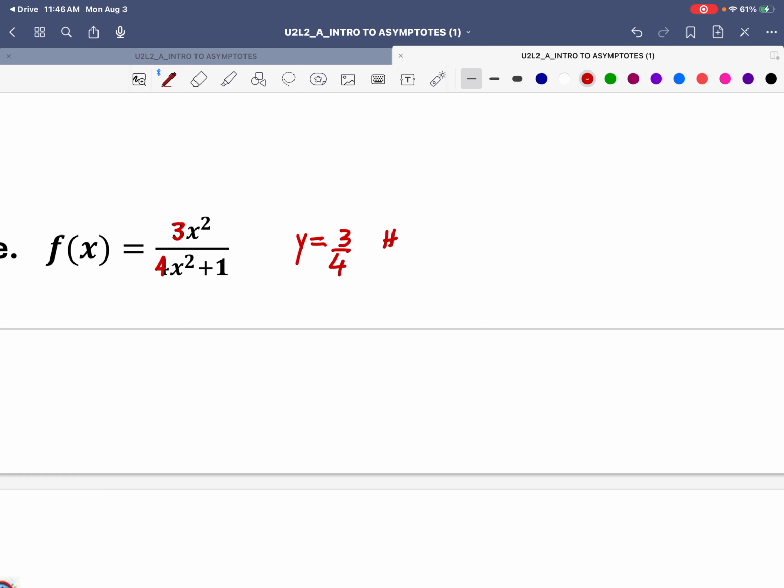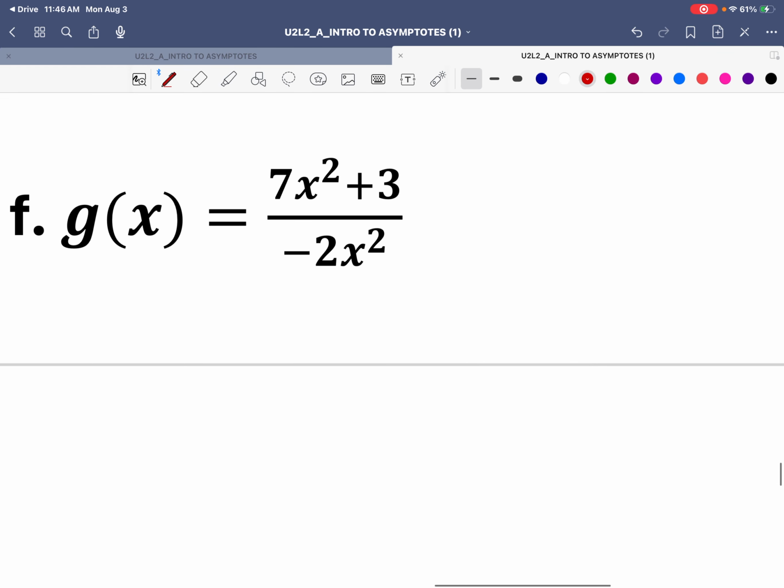That will be the horizontal asymptote. And let's take a look at this example. We have the same powers in both numerator and denominator, same highest powers. So we're going to look at their leading coefficients, and that will make the horizontal asymptote at negative 7 over 2.